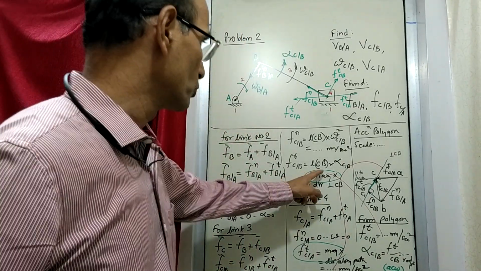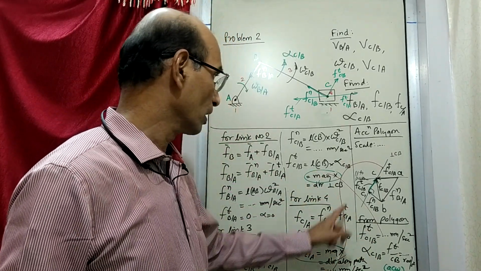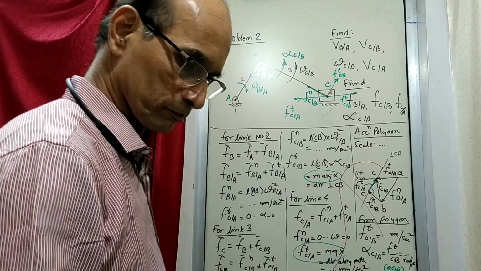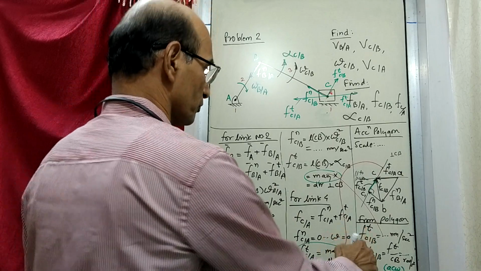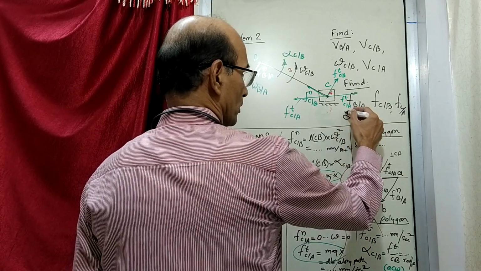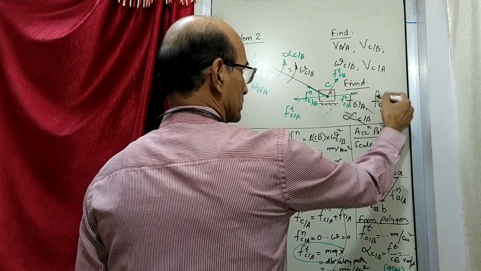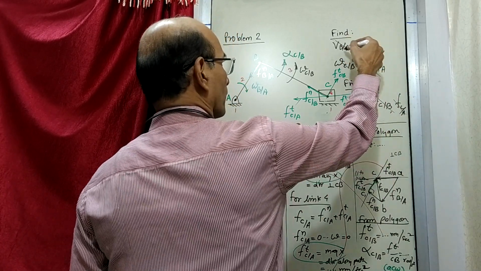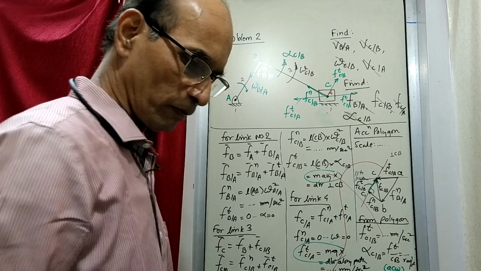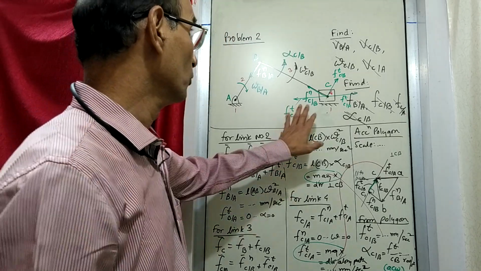So these two things which you had not known are now available. Okay, so you got the answer of this. This was found out earlier. So finally we got all the answers and we have shown them here.